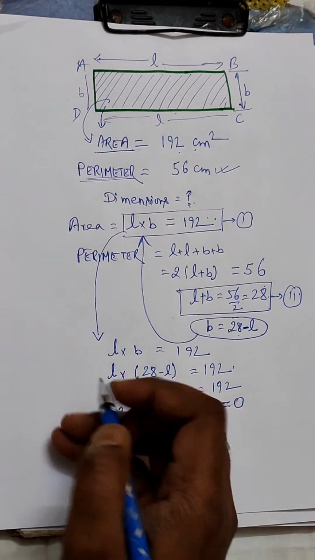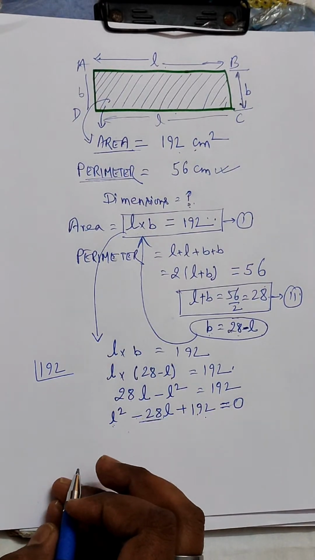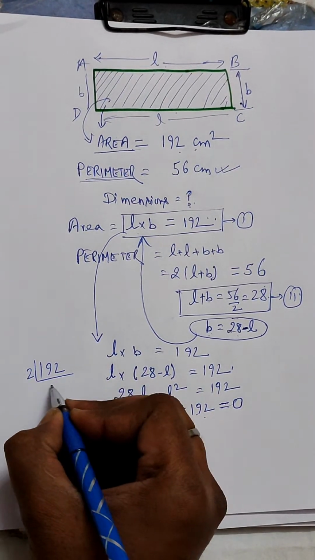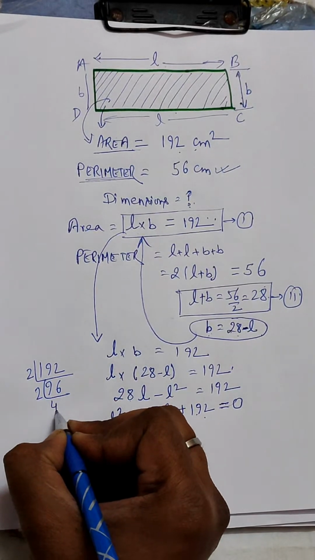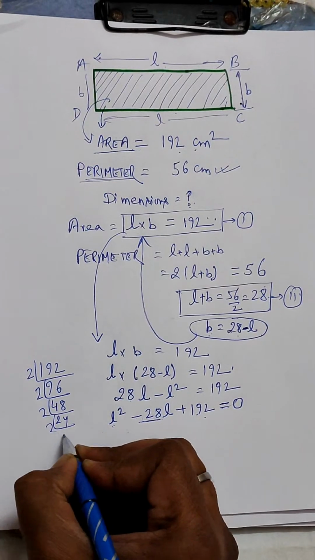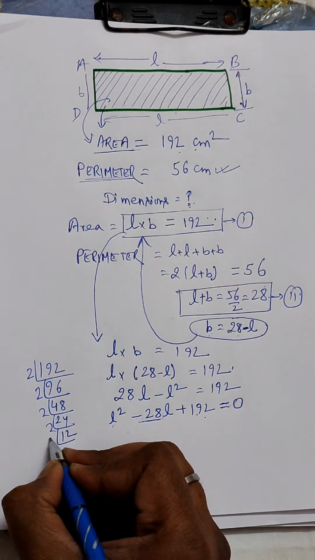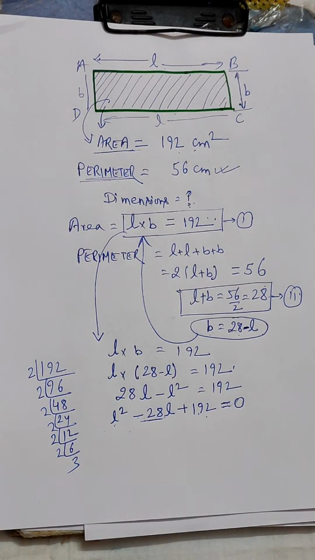Okay. So when you take the factors of 192, what are those factors? 2 96, 2 48, 2 24, 2 12, 2 6, 2 3, right?